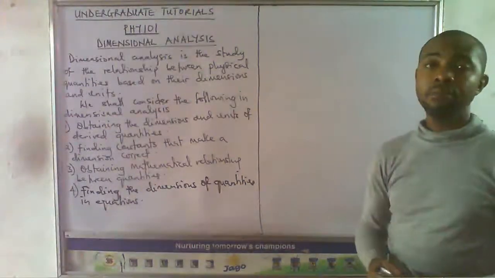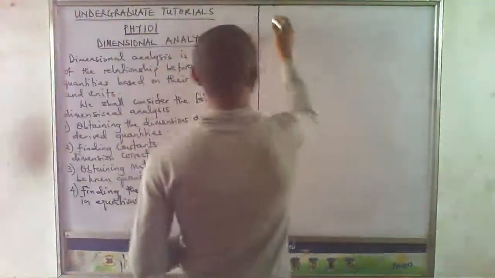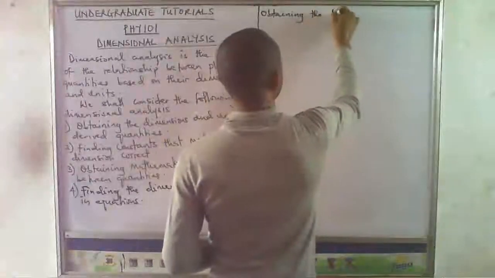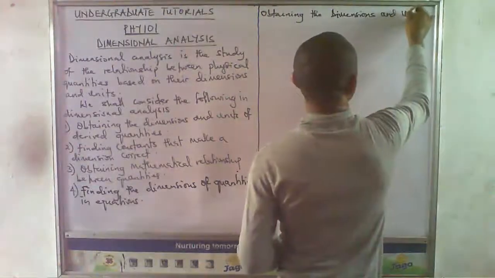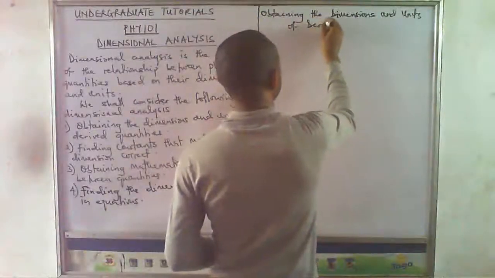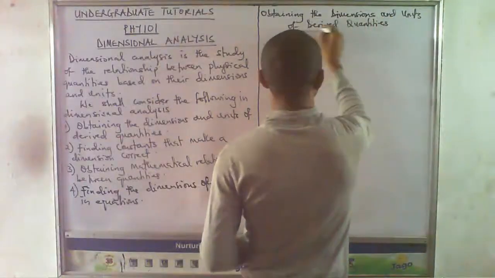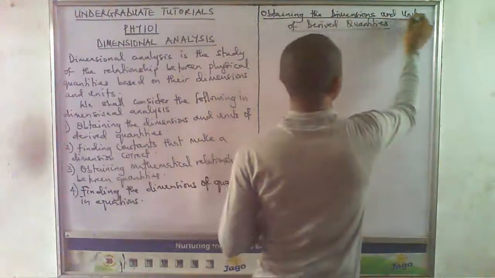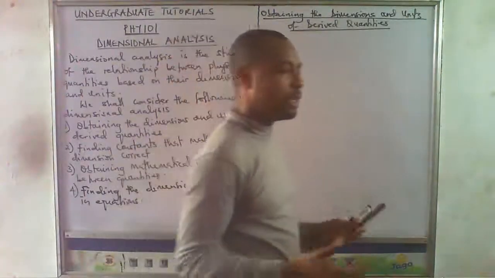All right, let's begin with the first one, obtaining the dimensions and units of derived quantities. So when we have a derived quantity, how can we obtain the dimension of a derived quantity and the units of a derived quantity?